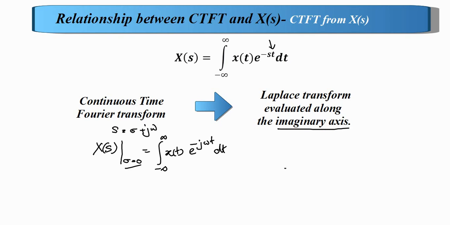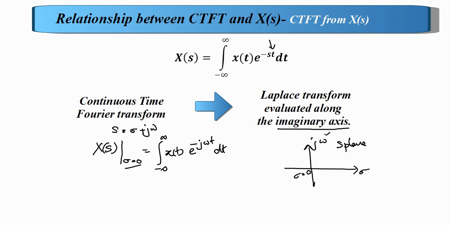If you take the S plane, this is the real axis and this is the j omega axis. Here sigma is equal to 0, so that's why it is the j omega axis. When we evaluate the Laplace transform with sigma equal to 0, you will get simply the Fourier transform.